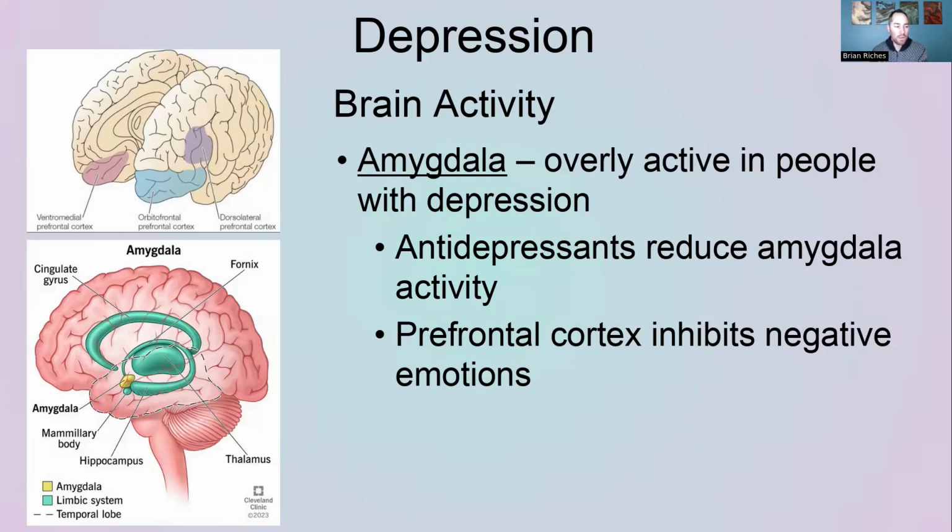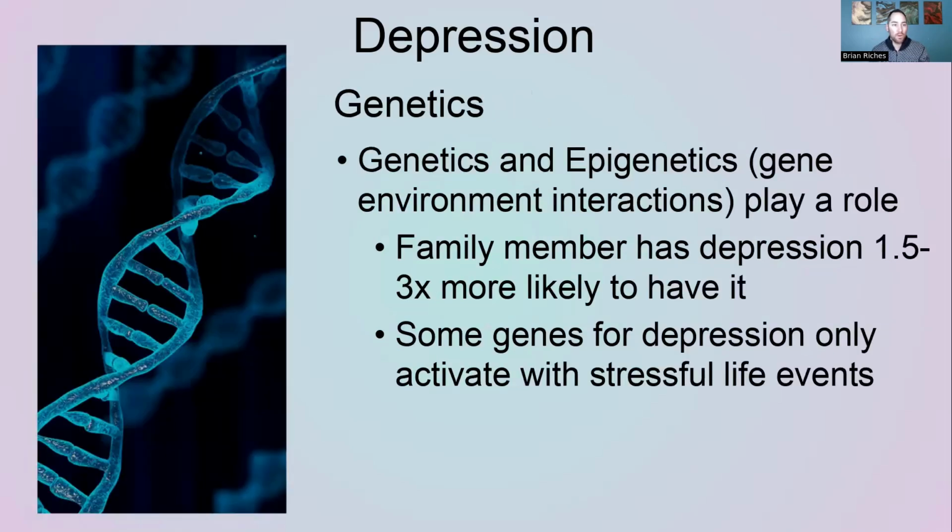So in someone with depression, it's not doing that quite as well. So the amygdala is sending more signals, maybe more negative signals, negative mood, and then the prefrontal cortex, with its depressed activity, is not inhibiting it as well as we might expect with a neurotypical brain.